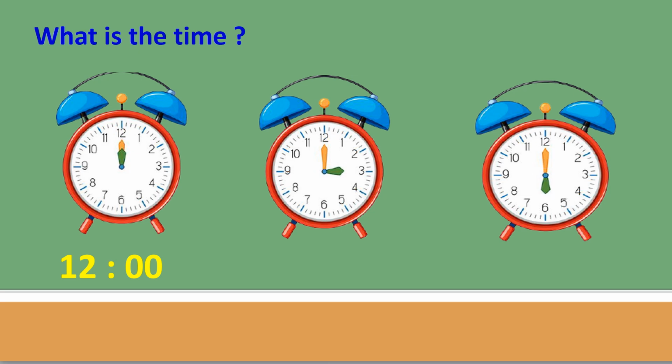In digital form, it means 3, 0, 0, 3 for hours, 0, 0 for minutes. The last clock here, the short hand points to 6 and the long hand points to 12. So in digital form, it means 6, 0, 0, 6 for hours and 0, 0 for minutes.